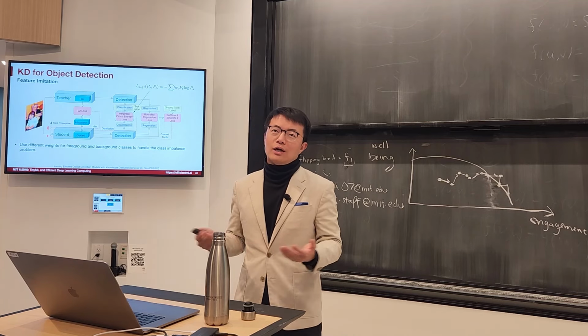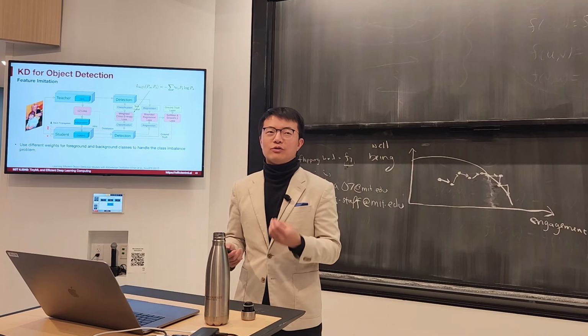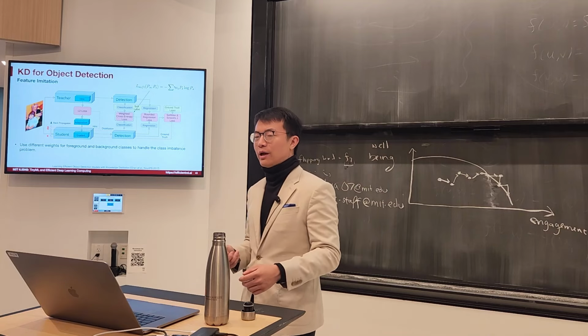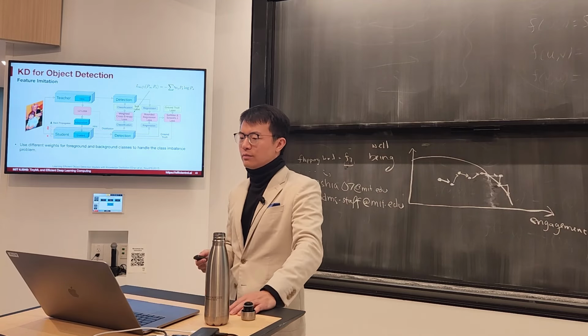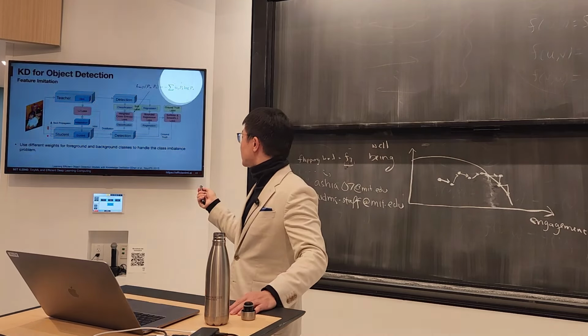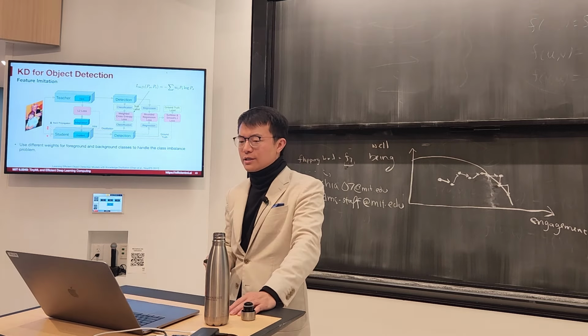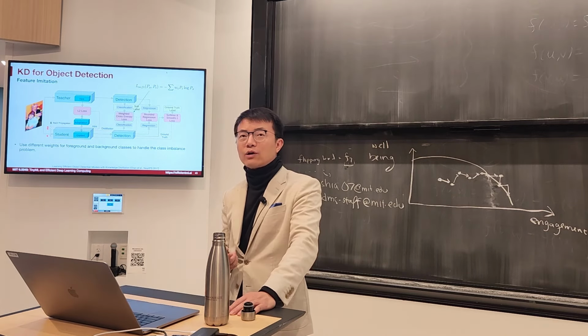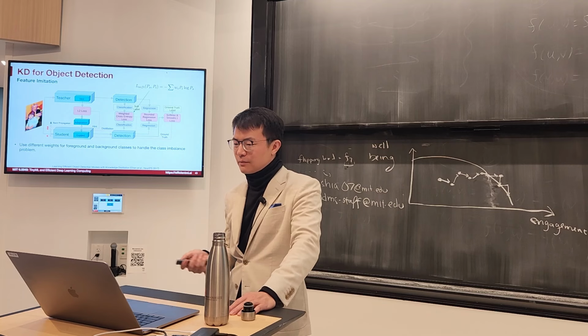For the background, we can allow a certain amount of mismatch, but for the foreground, we really want it to be accurate. That's why we have a weight here to differentiate the foreground versus the background classes.